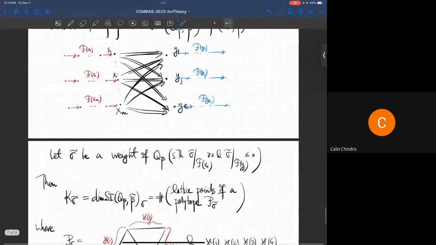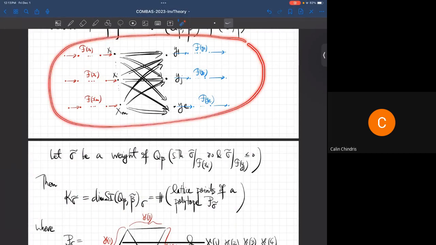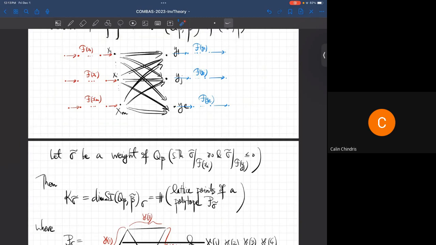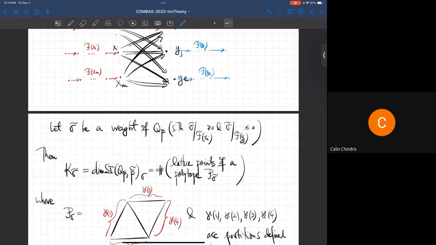If you compute the dimension of the weight space of semi-invariants for this particular quiver, dimension vector beta tilde and weight sigma tilde, directly using Cauchy formula and the basic representation theory of GLN, you end up with a humongous sum over very many partition variables, where each term is a huge product of multiple Littlewood-Richardson coefficients. So the result is just incredibly complicated. It's almost impossible to visualize it.